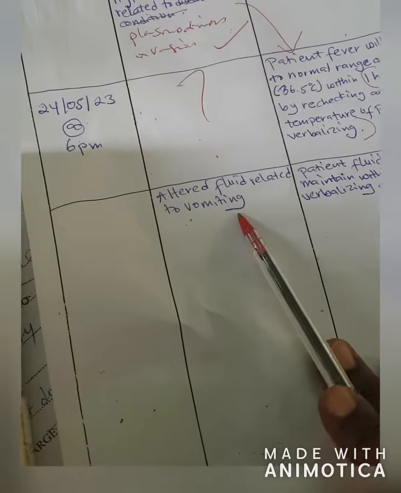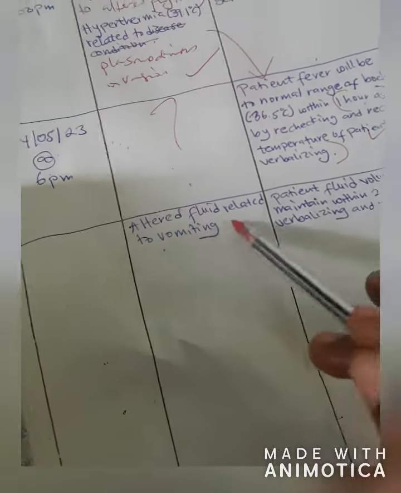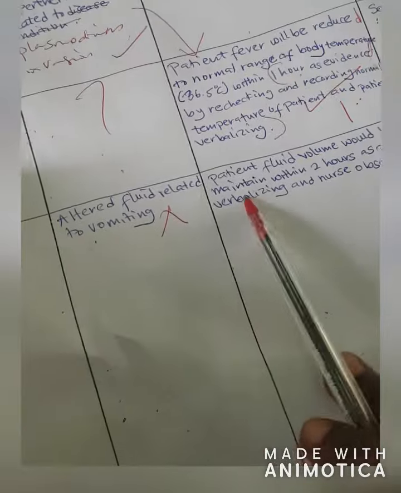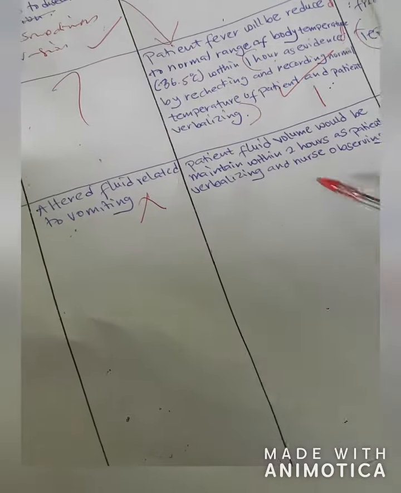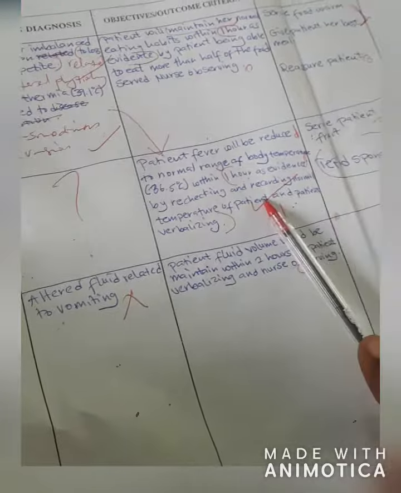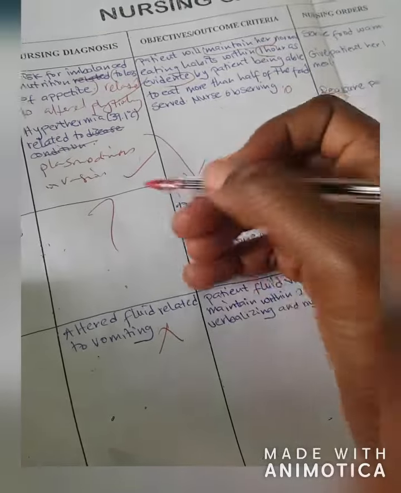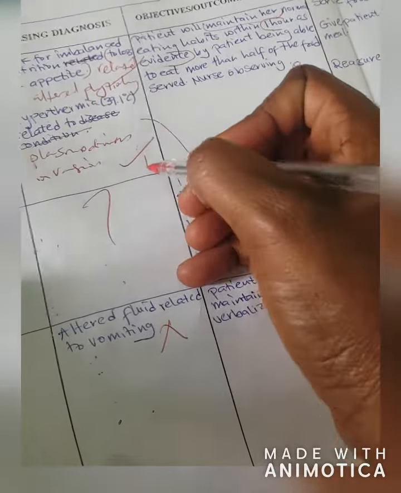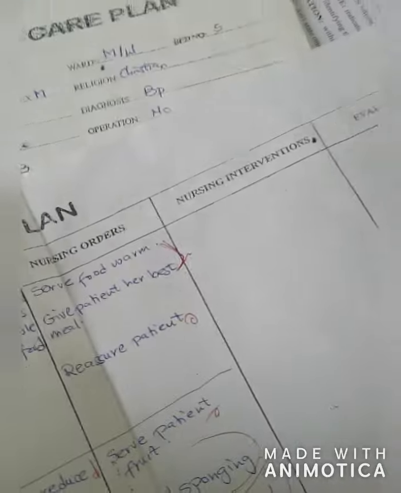Altered fluid related to vomiting. There's no diagnosis that is like this. Altered fluid at where? Patient fluid volume will be maintained. We can mark this. So you see, this person will get 1, half, 1, 2, 2.5, 3. So 3 out of 12 on the inside here.